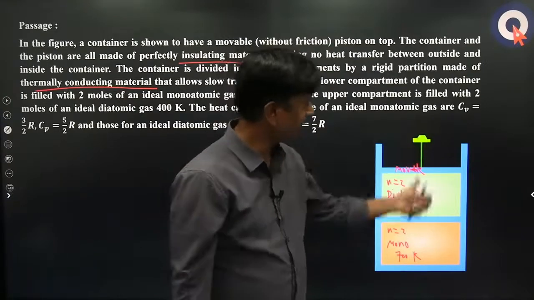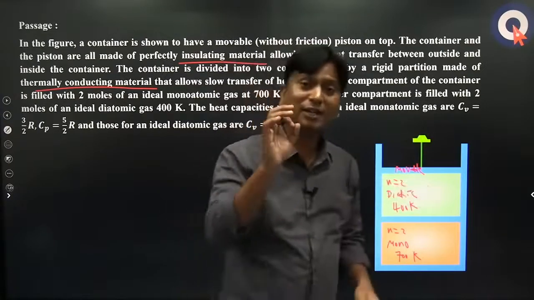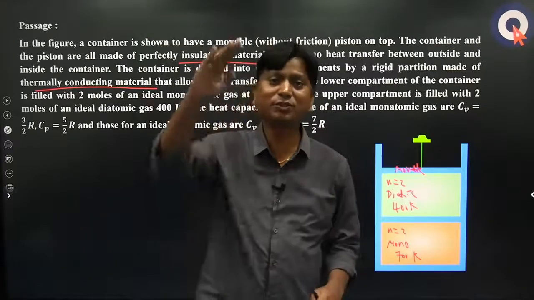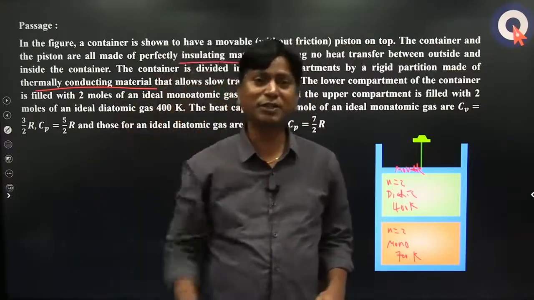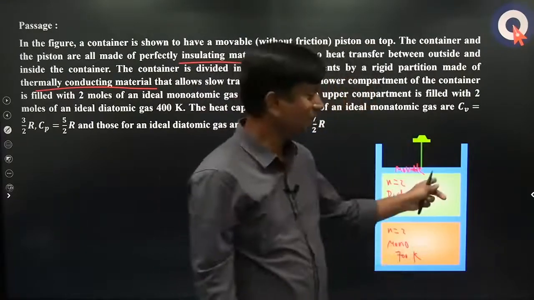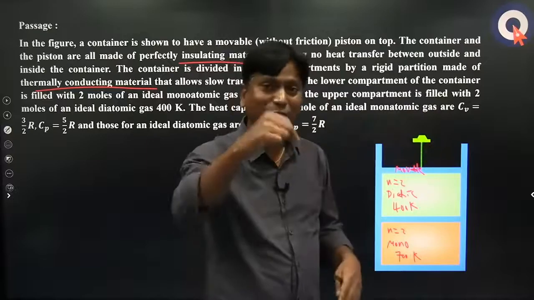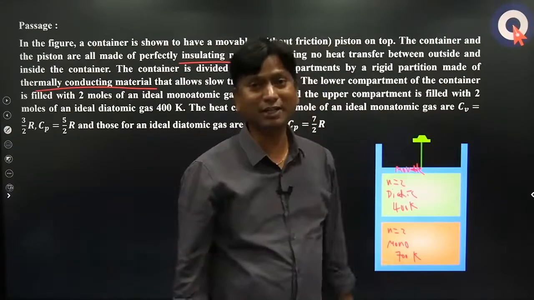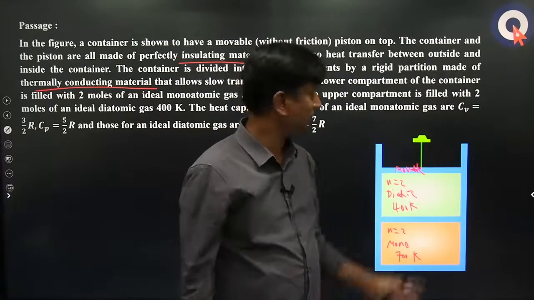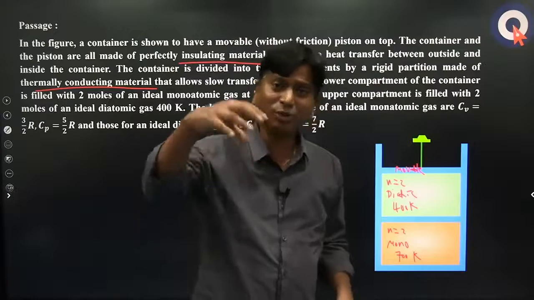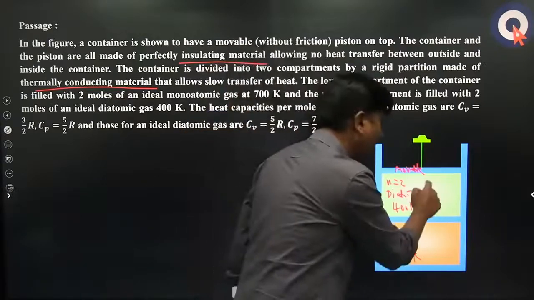Whichever compartment the piston is movable, always that pressure will be constant, because the piston will move to make sure the pressure is constant. Of course, if you have a spring here, then this pressure will not be constant, because when it is lifting, the spring force will be more and more, so to balance that the pressure will also increase. That is a different issue. Otherwise, if there is no spring, there is only atmospheric pressure and the piston weight, so this pressure will be constant.